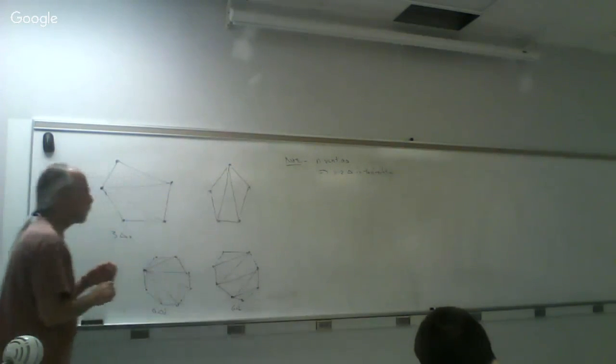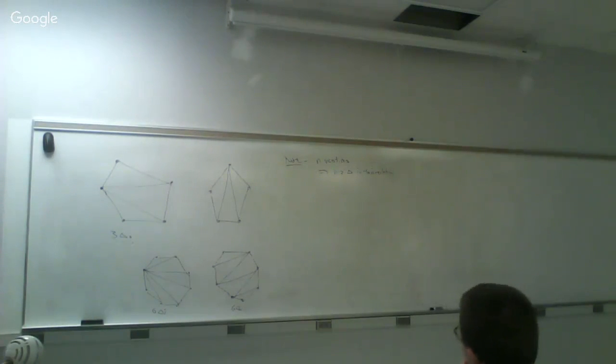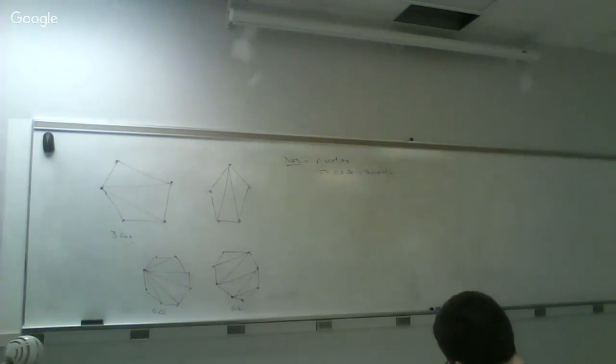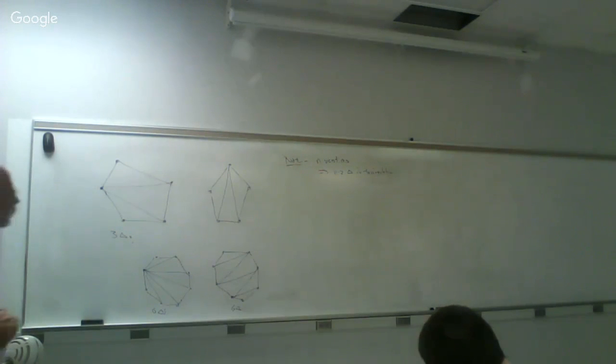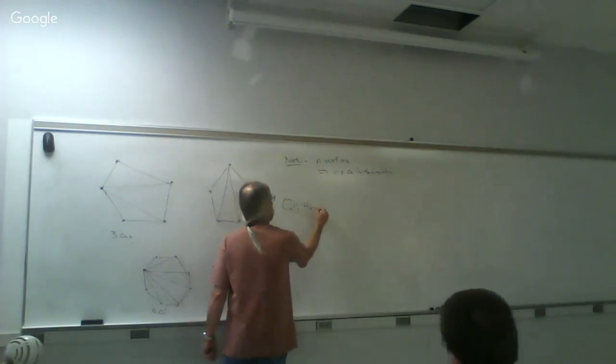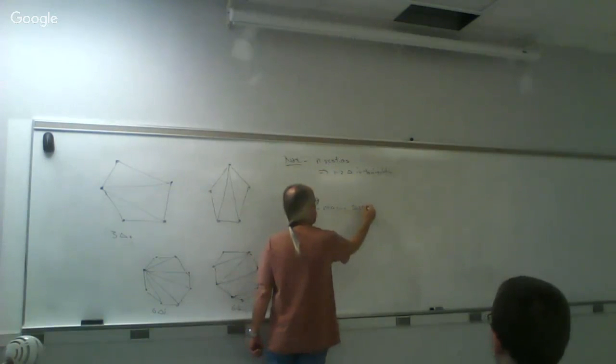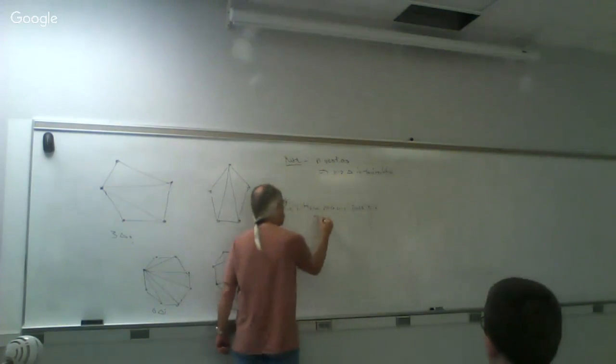We made use of that when we were looking at the art gallery problem. So that's not significant. But what is significant here is I have potentially different kinds of triangulations. So the question here is, how many possible triangulations?